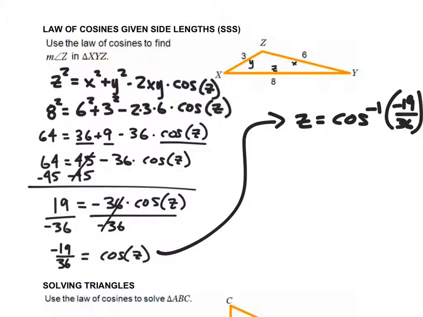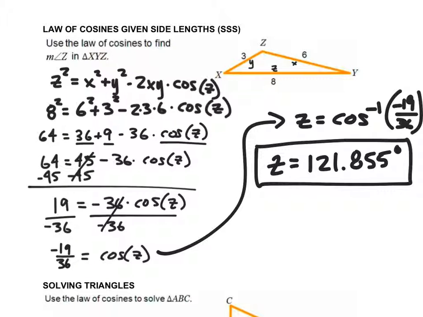Once we put that into the calculator, we get that Z, rounded to 3 decimal places, is 121.855 degrees. A lot of times they want us to round to the nearest degree. And that's our angle measure. So angle Z is equal to that.